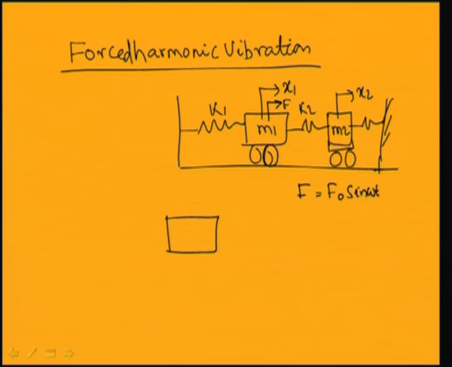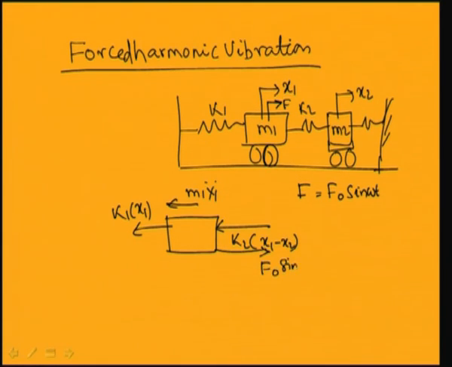In this case, it will have an inertia force in this direction, that is equal to m1 x1 double dot, and spring force K1 into x1, and this side you will have a spring force K2 into x1 minus x2, and in addition to this, it is subjected to an external force F, equal to F0 sin omega t.